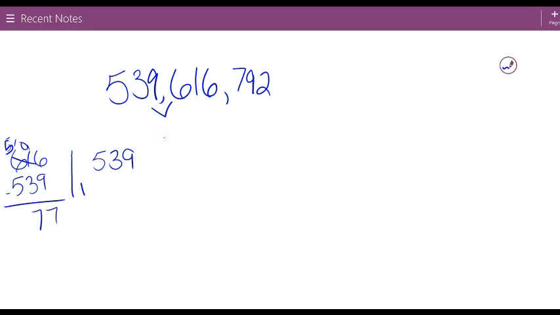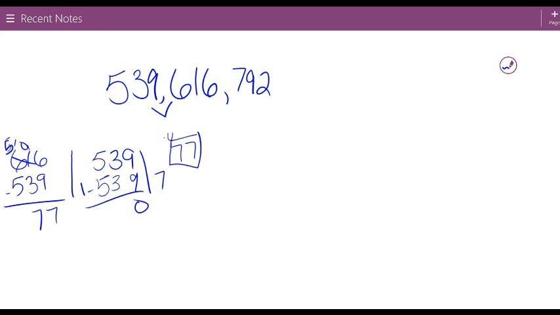Okay, so we can't do anything with that, so we're going to move it over here and try to divide. Let's try 7. 7 times 7 is 49, plus 4 is 53. So we subtract and get 0. So our greatest common factor between 539 and 616 is 77.